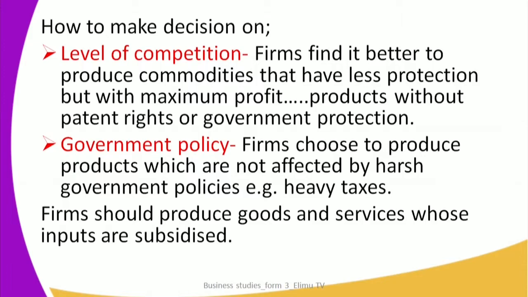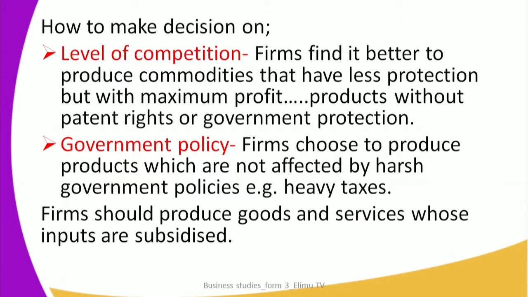And we're starting with the level of competition. You're supposed to say that farms find it better to produce commodities that have less government protection, but with maximum profit. That is, product without patent rights or government protection.